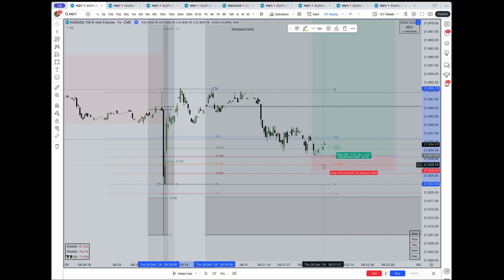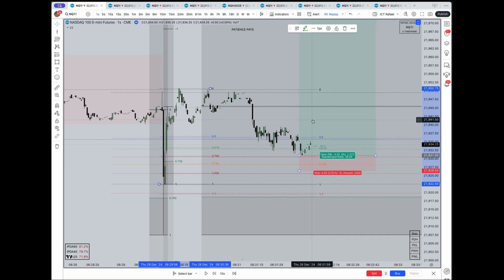This is specific for the news candle. Once we hit the OTE, when would you feel comfortable that the OTE is confirmed? Does it have to break structure? Does it have to go over the 0.5?